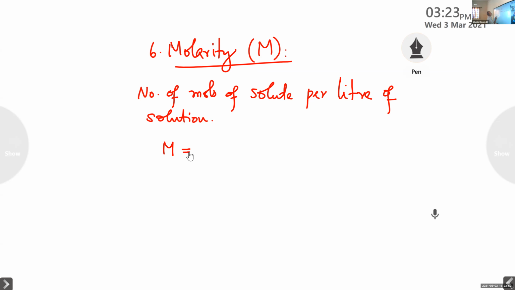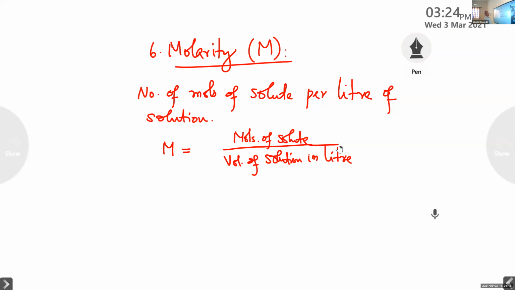Molarity M is equal to number of moles of solute by volume of the solution in liter, that is the unit used. Number of moles of solute by volume of the solution in liter, that is equal to molarity.